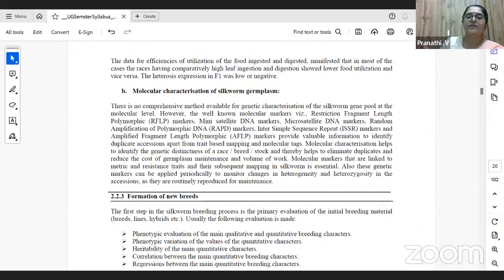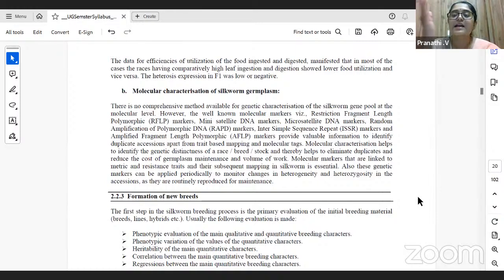These are going to identify the duplicate accessions that are present, and then according to the different kinds of traits, you can map and at the same time tag molecularly. So this molecular characterization of the particular genes or your DNA is going to help in identifying the genetic distinctness of a particular race or a breed or stock.